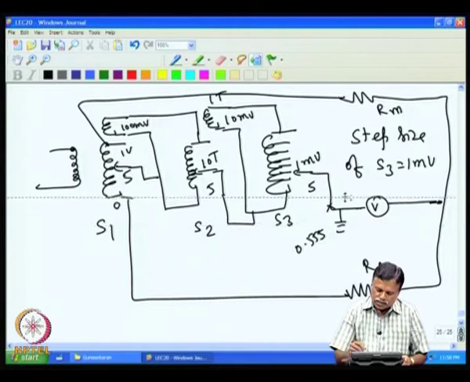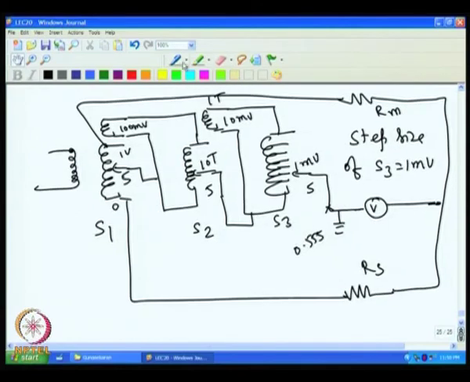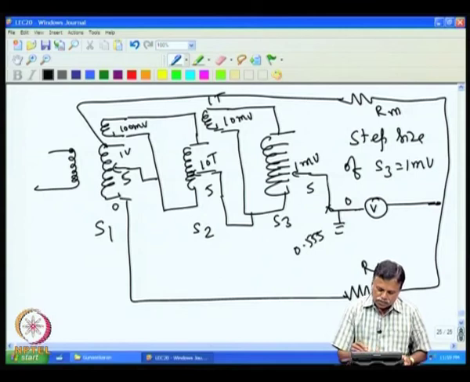If I take this as 0 point, then automatically this becomes 0.5, because we know that this is at 1 volt. So the question is, what is the voltage difference between this and this?